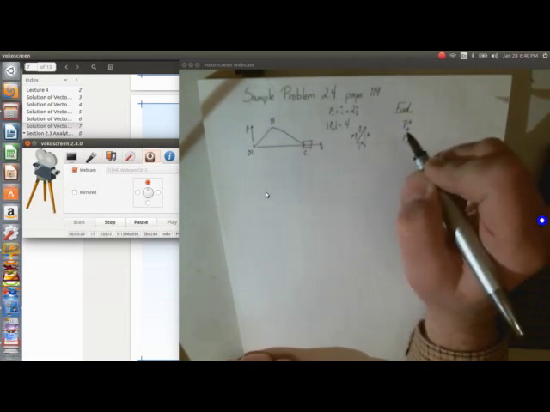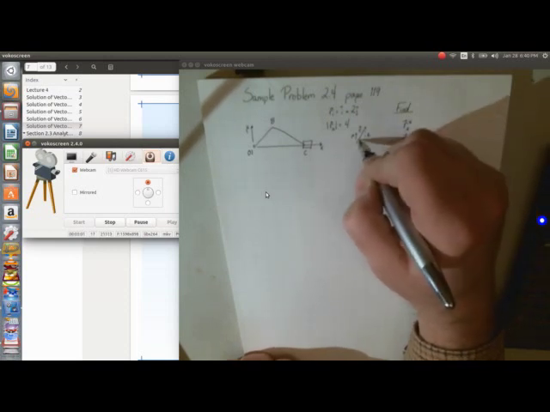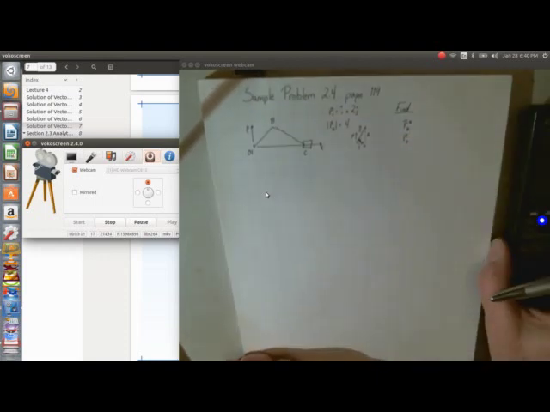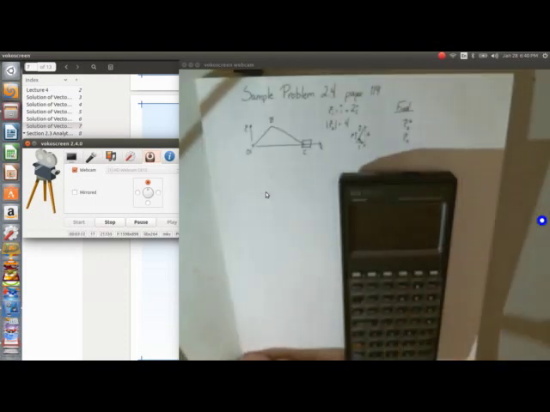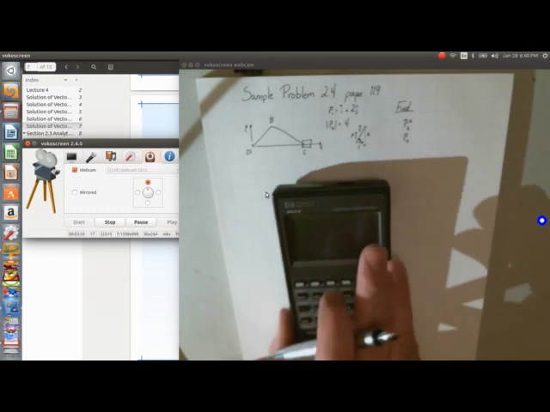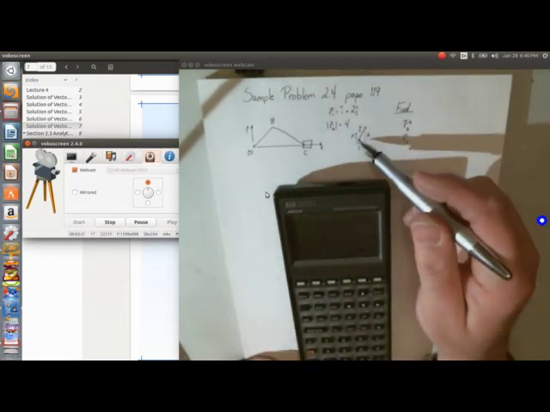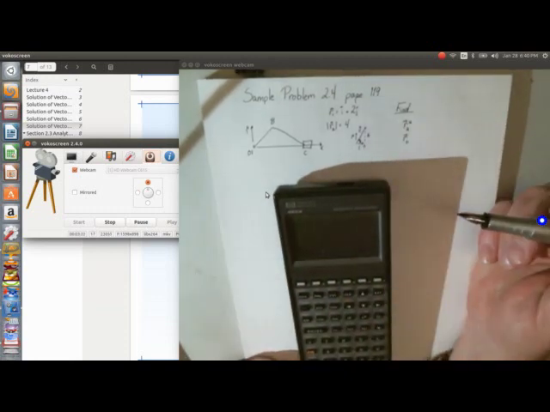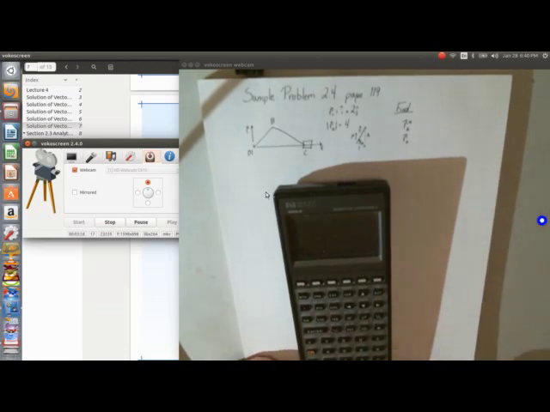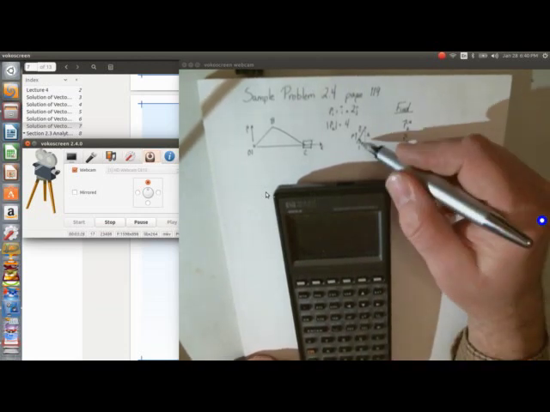So just by trigonometry we can figure out this angle. It might make us feel better to do so. I'm afraid you probably won't be able to see my calculator screen, but nevertheless what we would do is say opposite over adjacent is equal to the tangent of this angle.